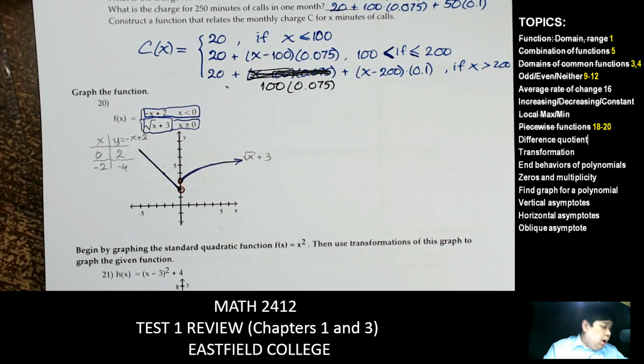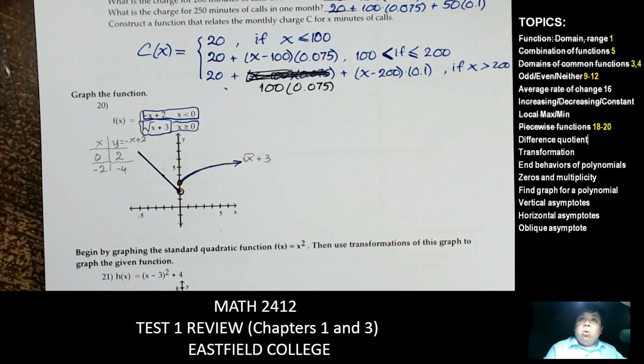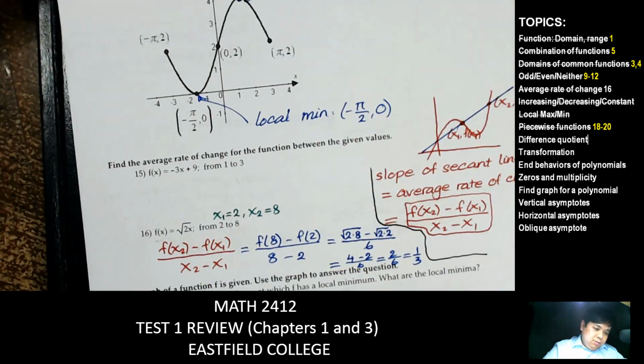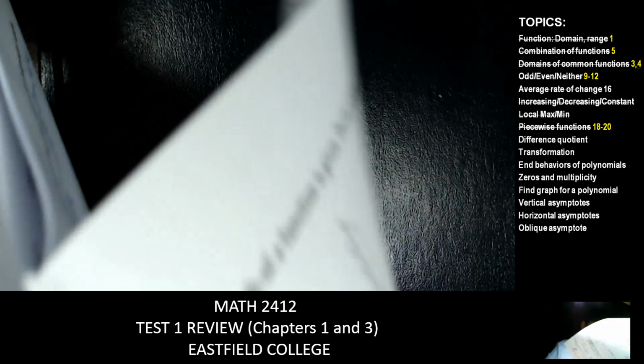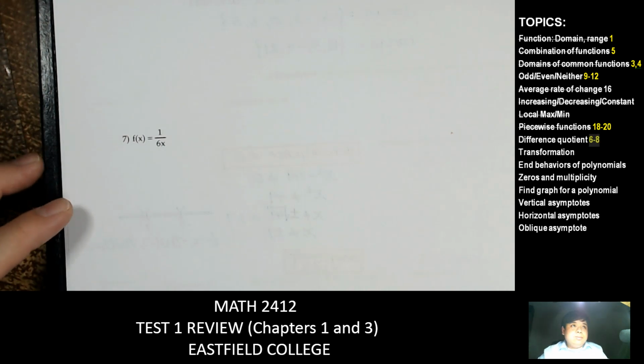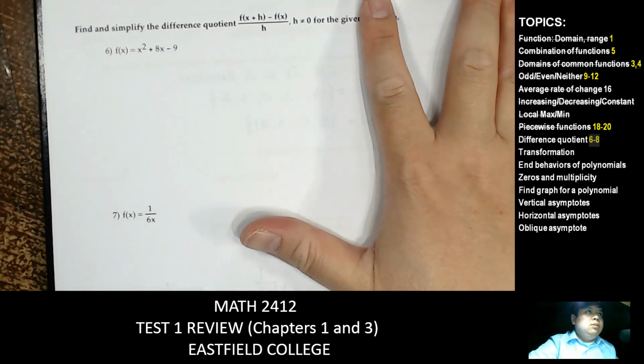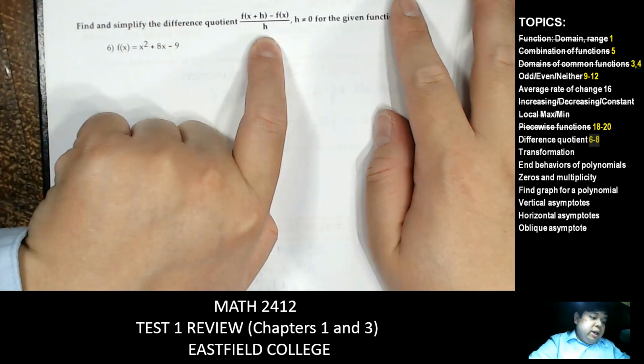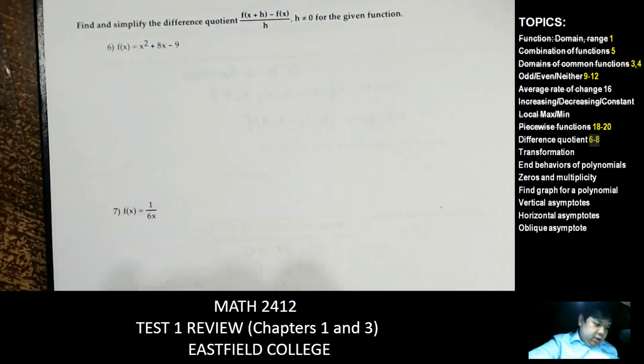Next, we have a difference quotient. That is number 68. The difference quotient is given by that formula.